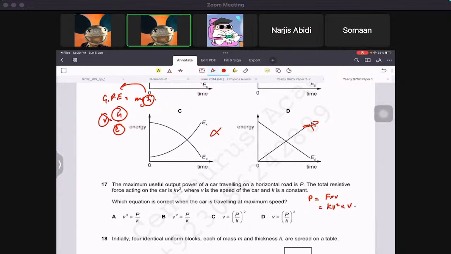Well, that's the force it needs to overcome, right? So P equals kv cubed. So v will be equal to P upon k cube root. Oh, they haven't cubed it, so we can directly use P upon k then. P upon k, yeah. So 17 has to be A then.